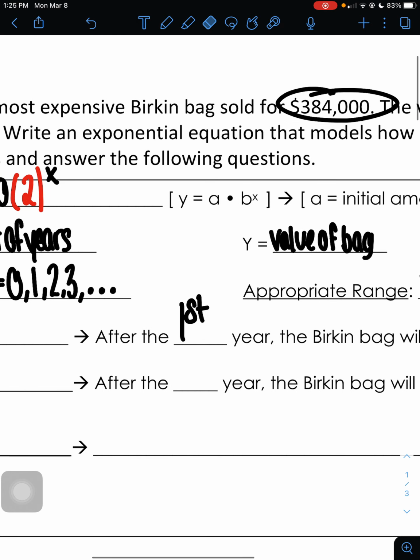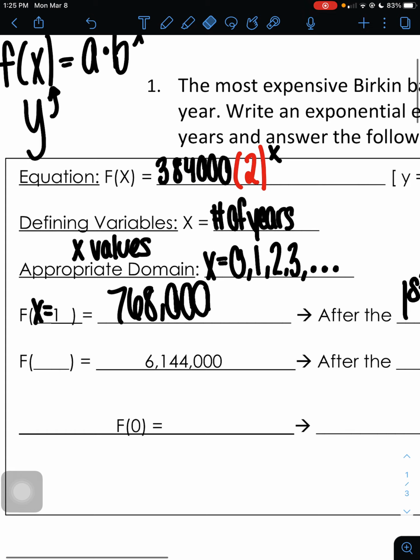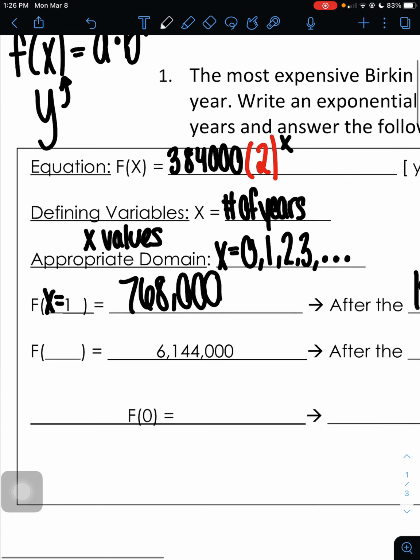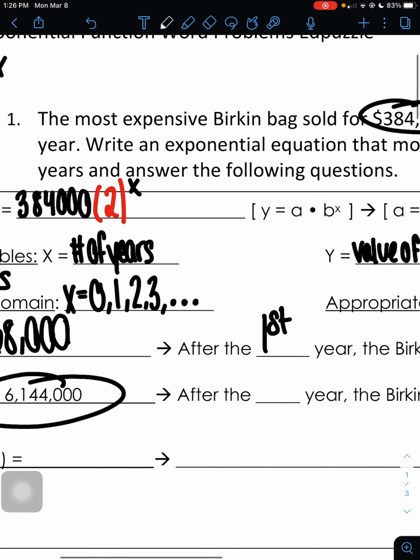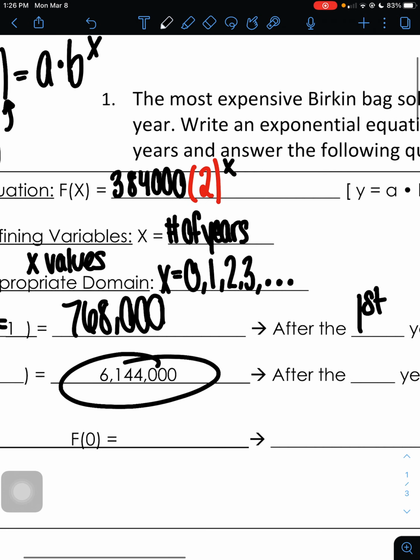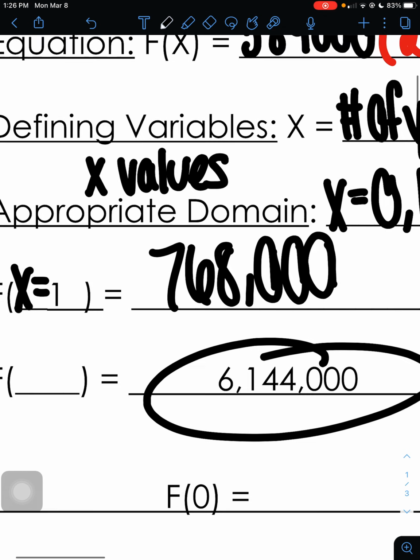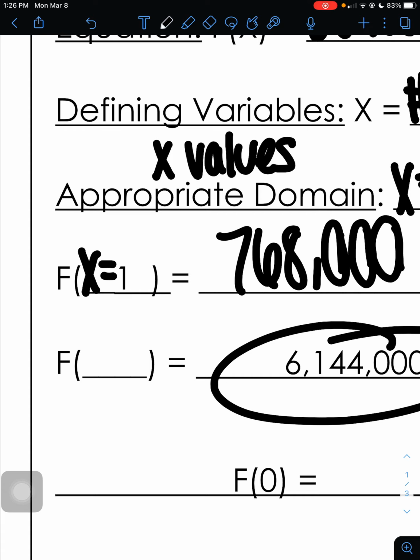Now let's go down here to the second part. They didn't actually give us the x value this time. They gave us the y value. They're telling us that the purse is worth $6,144,000. We need to tell them when. So that's the missing part here. We need to figure out in how many years our bag is going to be worth $6 million.